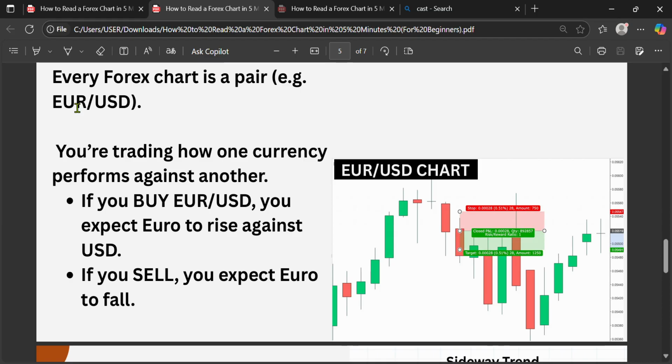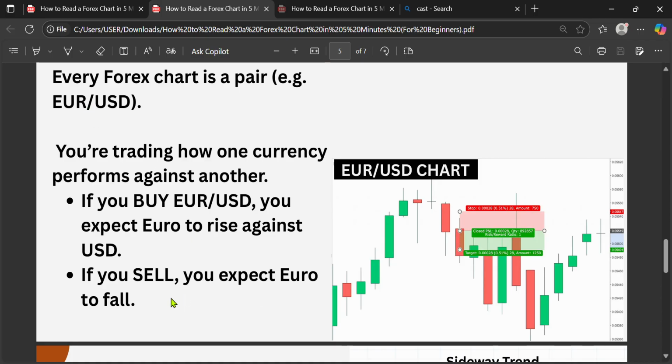That's the reason why you are buying euro, so that when you get to a point, you can sell and make profit. So when it is on the bullish side, you are buying, you are investing. And when the euro is falling, you are selling, so that you will not make a loss. If you expect that euro is going to fall, you definitely need to sell.